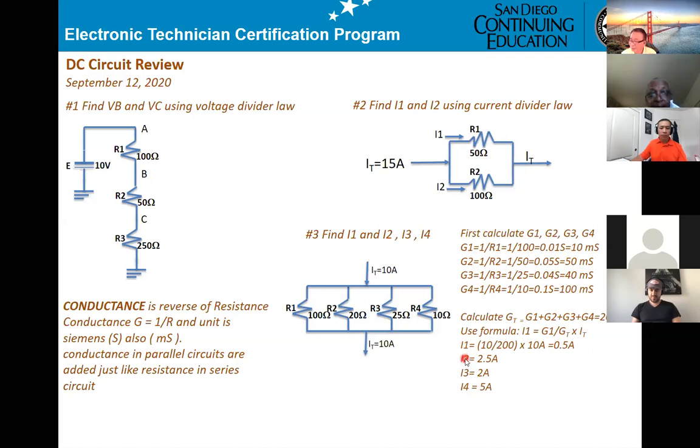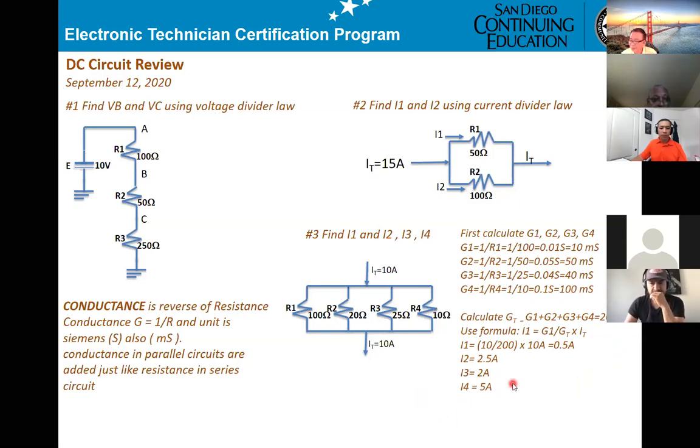If you want to calculate the I2, it will be the same: G2 divided by G total times I total. If you want the I3, then I3 will be G3 divided by G total times I total, and so on.